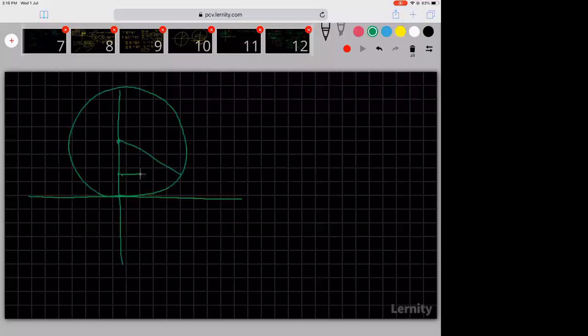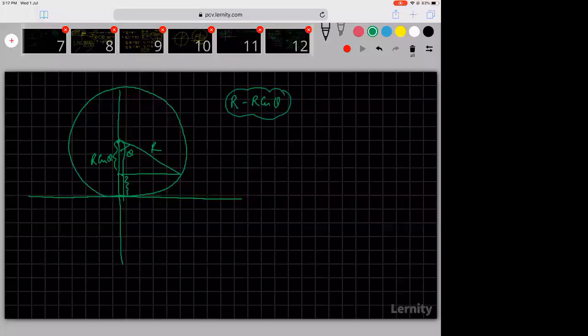What is its y coordinate? Its y coordinate is this much. But when you do r cos theta, you are finding out this much. So now what is this? This is r. So it will become r minus r cos theta.